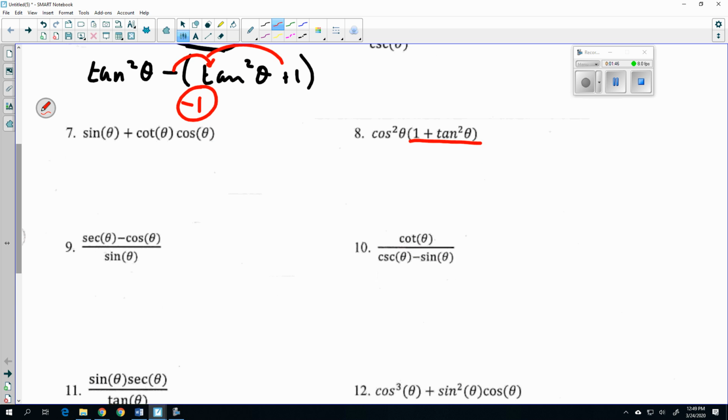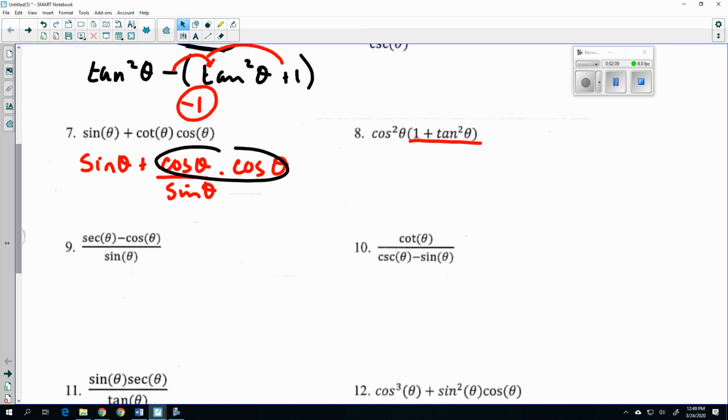I'm going to work on number 7 because when I look at this, I see 2 items added. I like sine. I always change things into sine and cosine. Cotangent I don't like, so it is cosine theta over sine theta. And I have another cosine theta. So I see cosine squared theta, but if I'm going to add fractions, I need to have a common denominator. So the first fraction has a 1, so I'm going to multiply this by sine theta and sine theta.